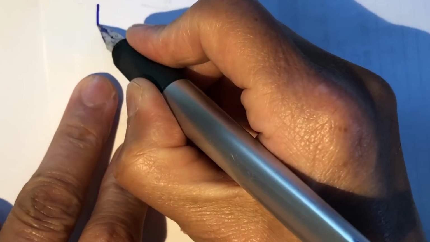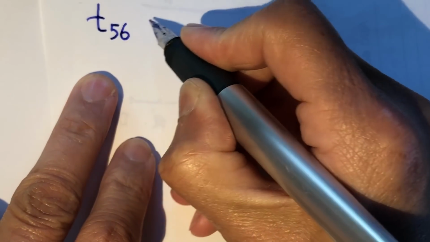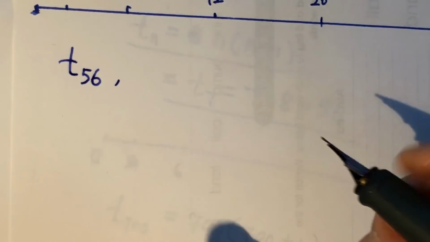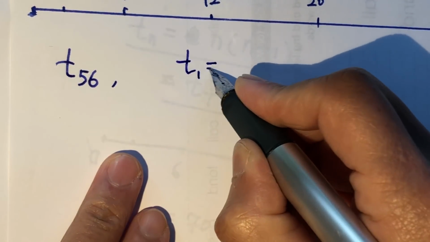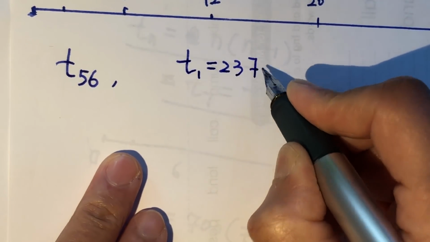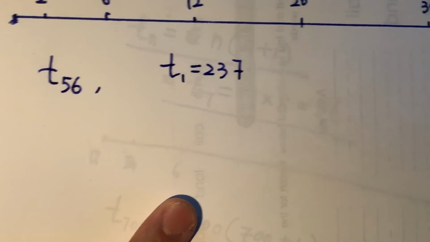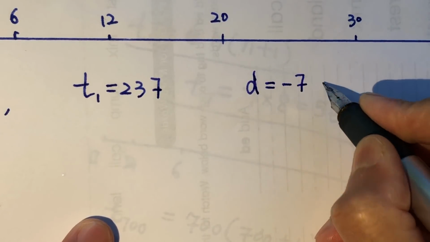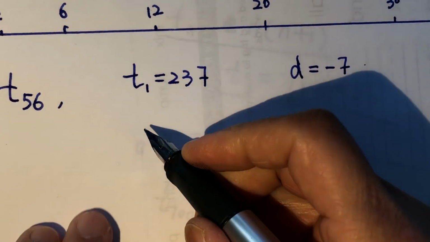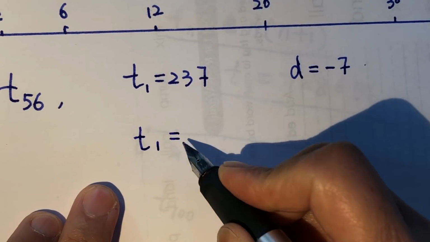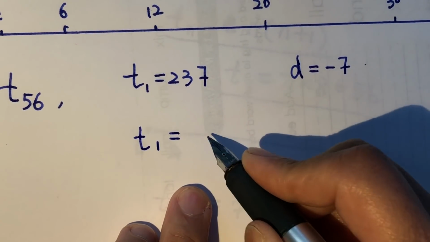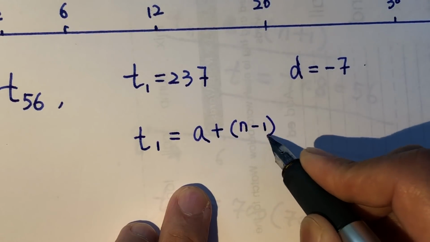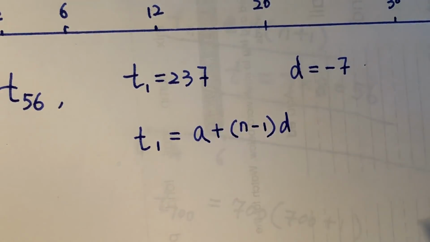We want to find term 56, and what is given is that T1 equals 237, right? And the common difference, d, is -7, right? Tn equals the starting number a plus n minus 1 times d.